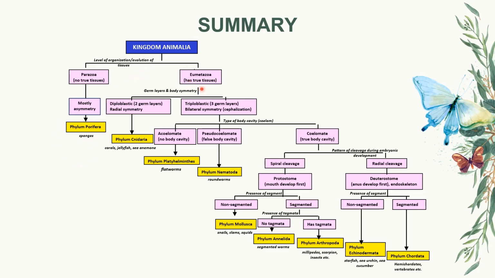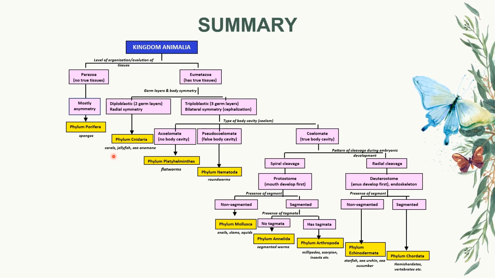On the other hand, if the animal has true tissue, they are known as eumetazoan. The eumetazoan is split in terms of its germ layer and body symmetry. If the germ layer is diploblastic, meaning they have two germ layers, and radial symmetry, they are classified under phylum Cnidaria.